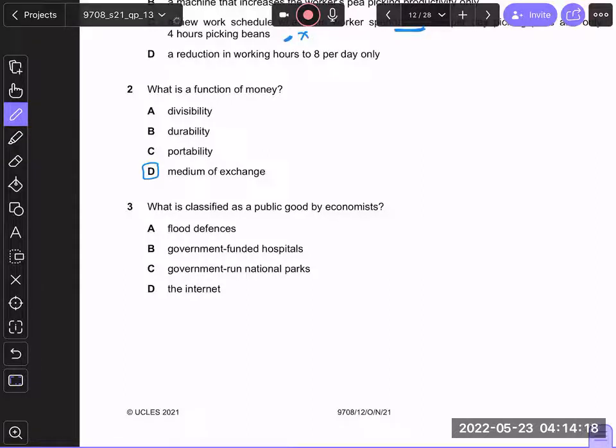Government-funded hospitals and government-run national parks can be rival at some point. If you have a fixed number of rooms or wards in the hospital and they fill up, now the hospital is rival. Same goes with the case of public parks. The only thing that will be non-rival and non-excludable is flood defense.